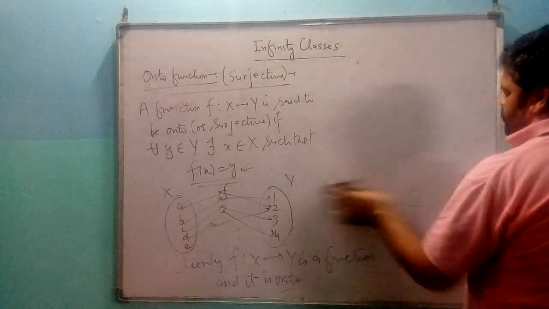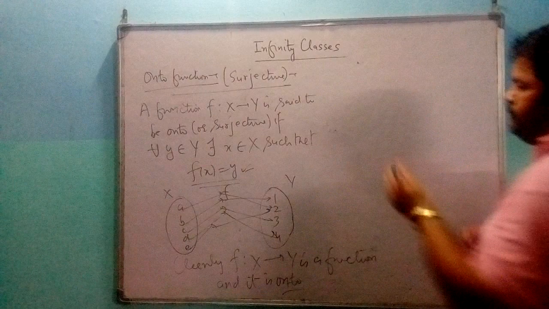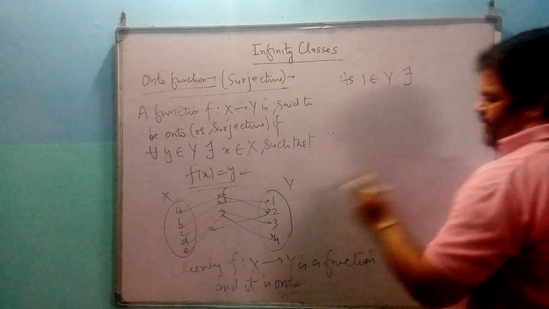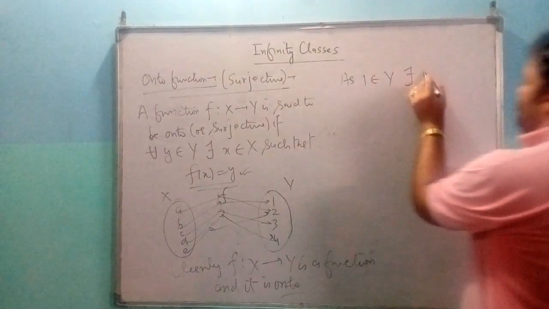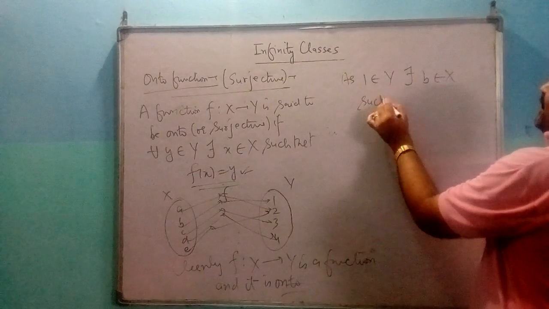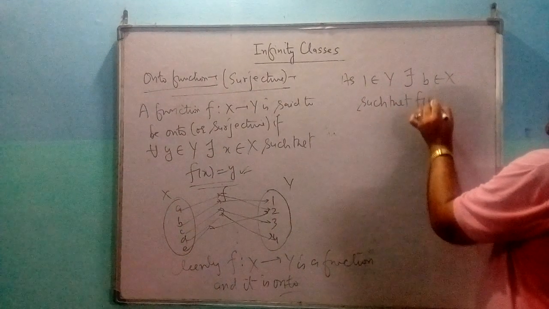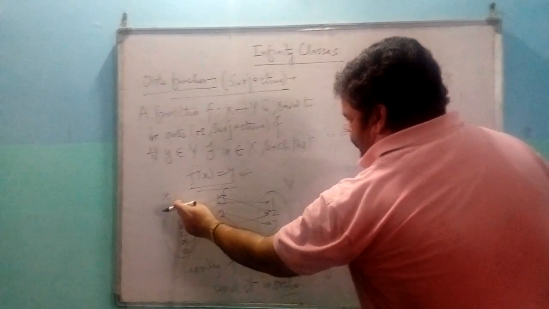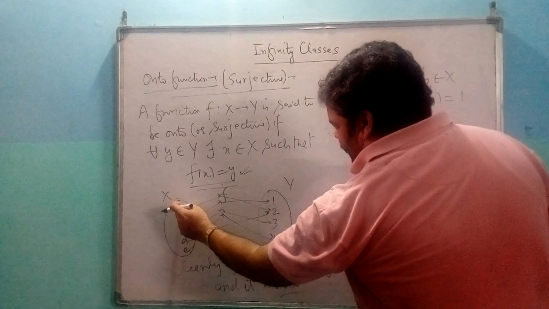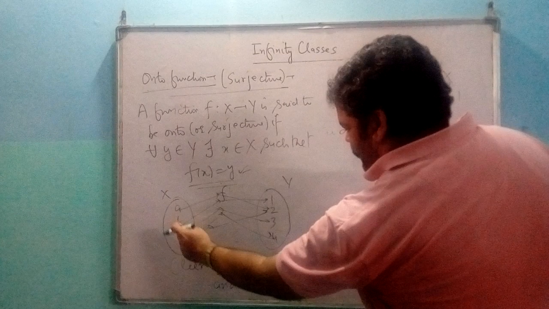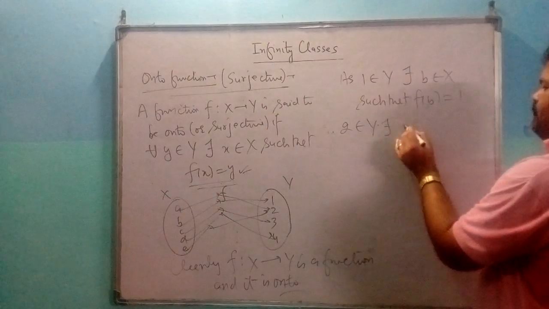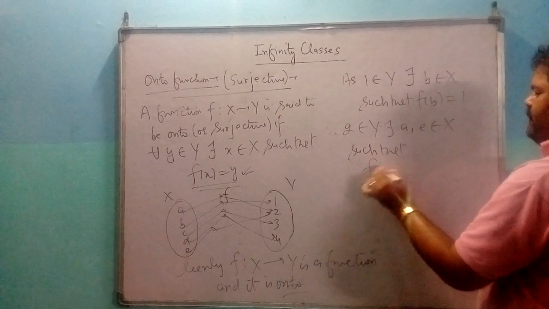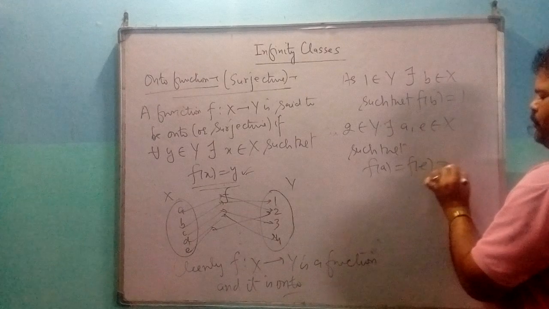Because 1 belongs to y, it has a pre-image b belongs to x such that f of b is 1. 2 belongs to y, there is more than one element a and e such that f of a is equal to f of e is equal to 2.